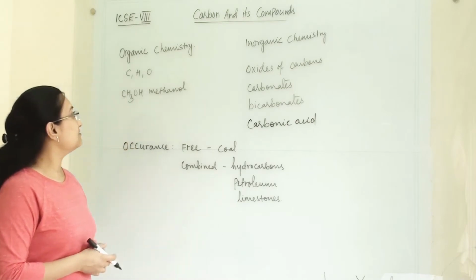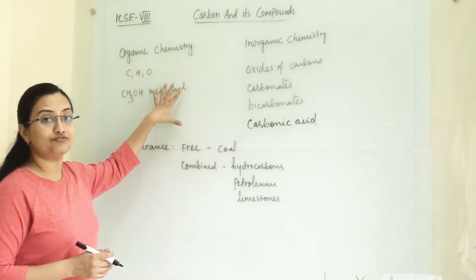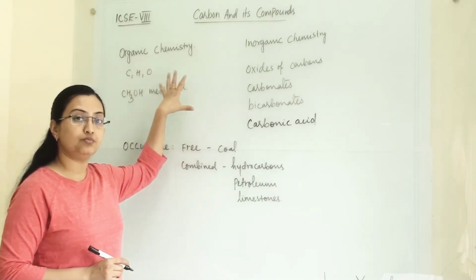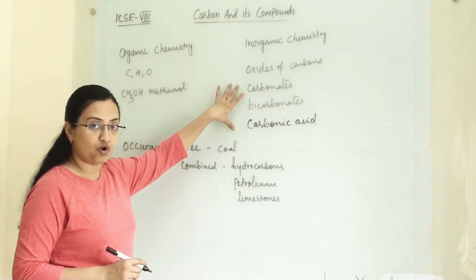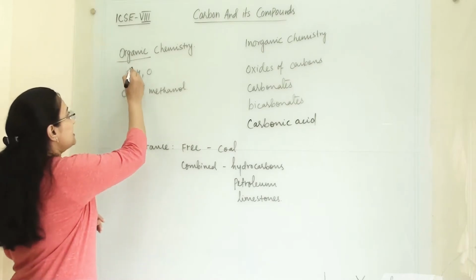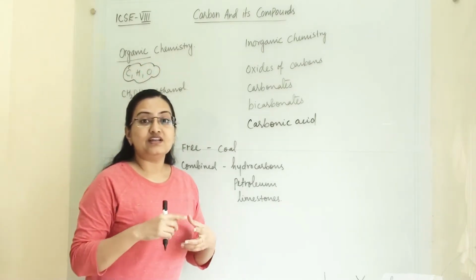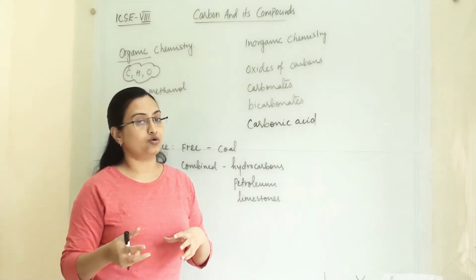So let us start our chapter with the two divisions of chemistry, that is organic chemistry and inorganic chemistry. In both these branches of chemistry, carbon is involved. But when we are talking about organic chemistry, it mainly depends upon carbon and its various combinations with hydrogen and oxygen.